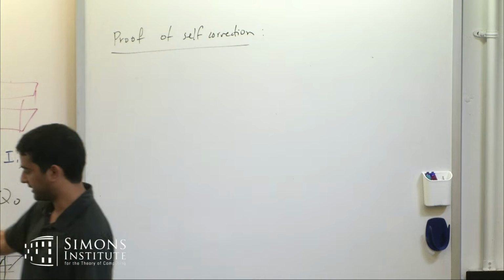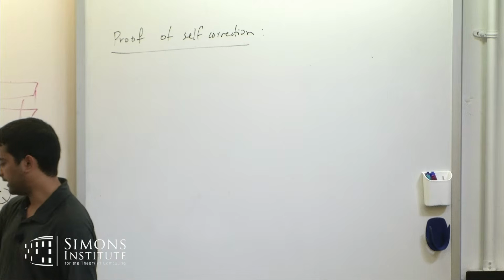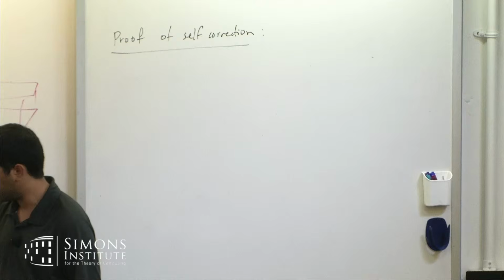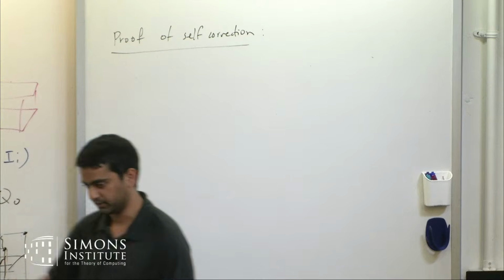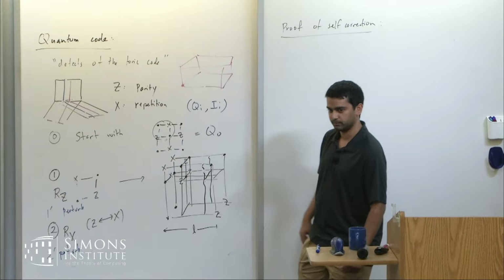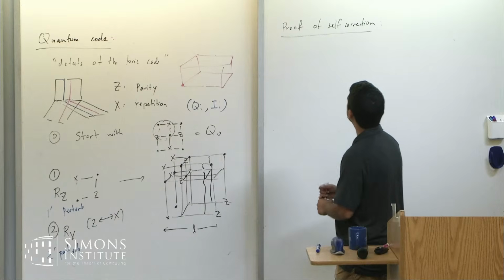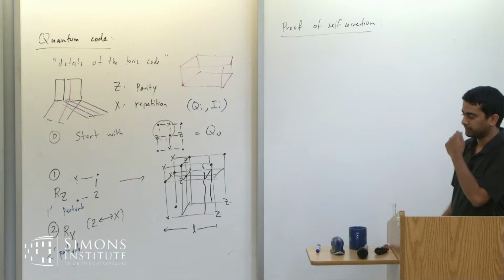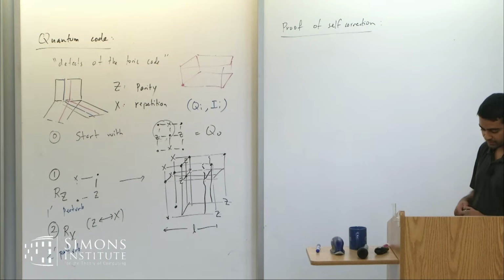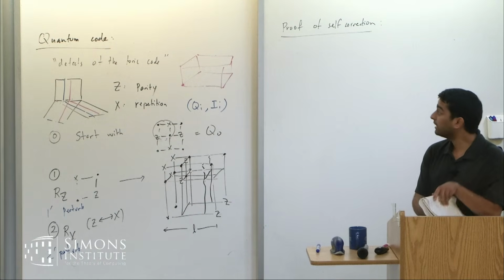So essentially, what you can show through some homology theory is that the dimension of the code space doesn't change if I keep repeating this procedure many times. So if I started out with a code that encoded a single logical qubit, then I'll end up with a code that also encodes a single logical qubit. Okay. So the proof of the self-correction property is the part I want to focus on.